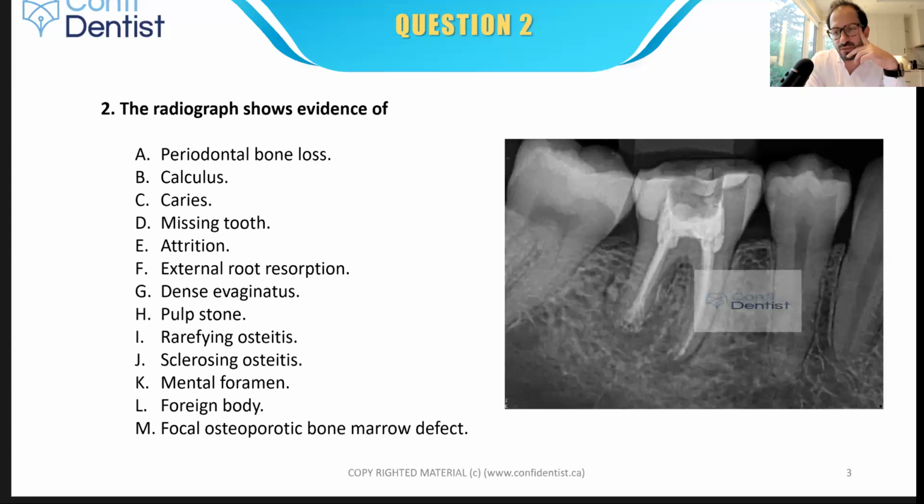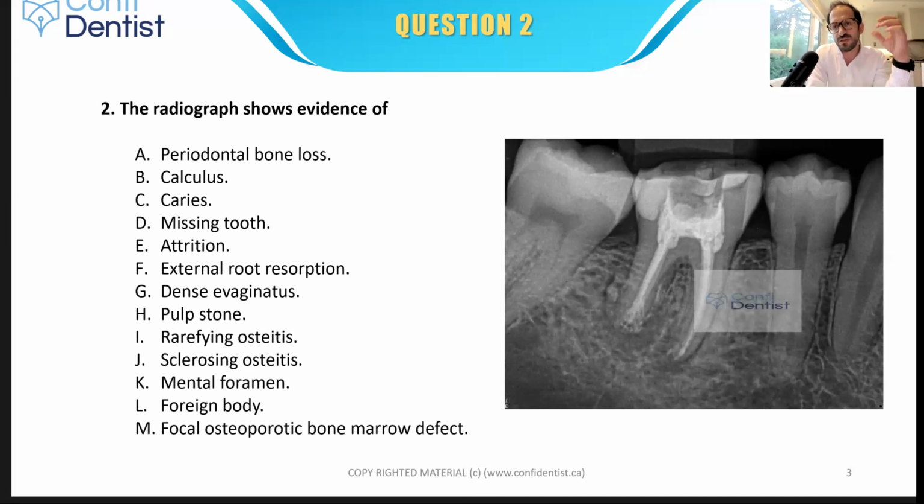Which radiopaque line are you referring to? There is no foreign body, no. But remember, the definition of a foreign body is an object which is inside the tissue, okay? So as long as that object is not inside the tissue where it doesn't belong, I don't consider that a foreign body.